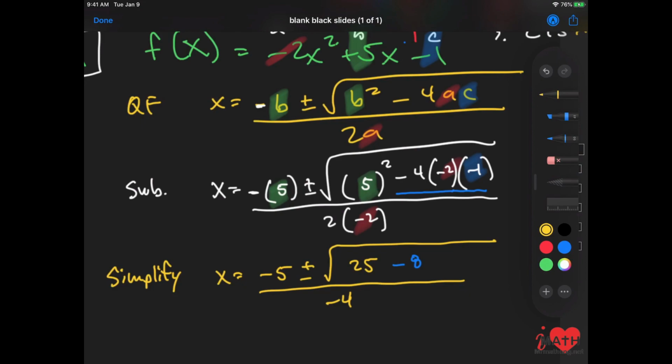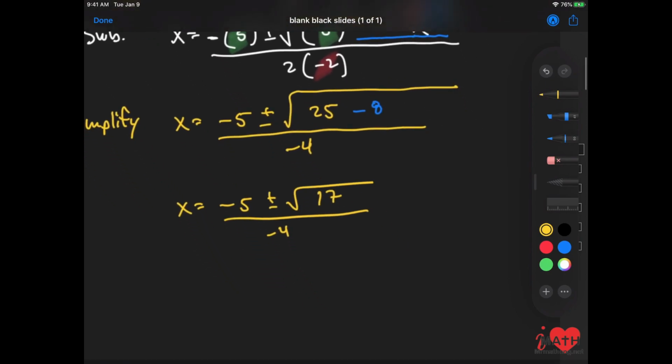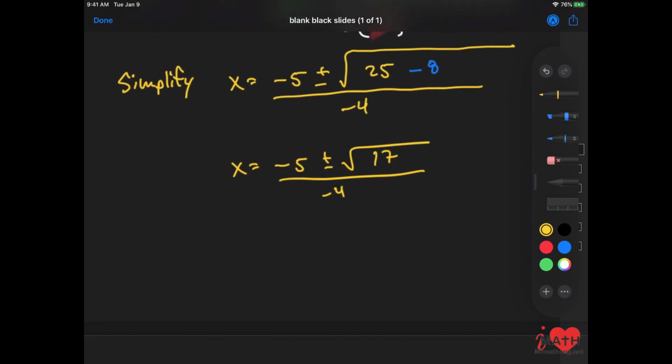All right, let's go ahead and now simplify some more. So x equals -5 plus or minus 25 minus 8 is 17, all over -4. All right, so I like this answer. This is an exact answer here, so I'm going to go ahead and highlight this.